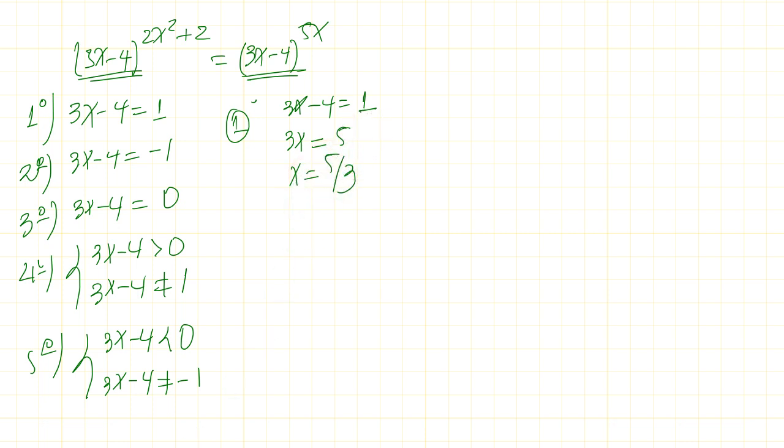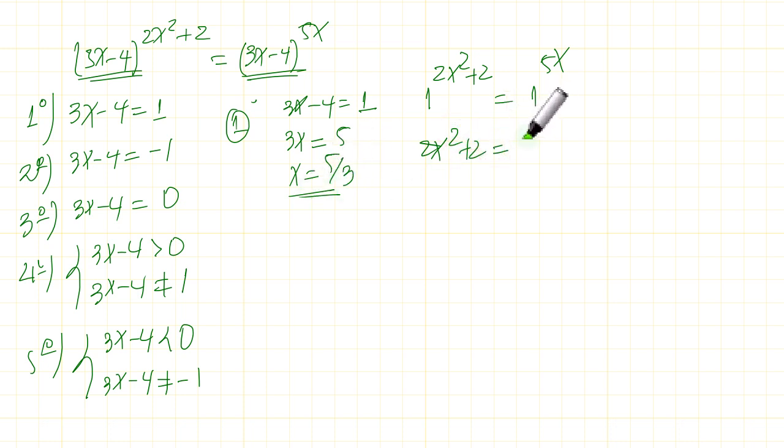We have to replace this in our original equation to see if it's actually going to work. So we would have then 1 to the power of 2x squared plus 2 equals 1 to the power of 5x. If we replace this value here, we're gonna have 2x squared plus 2.